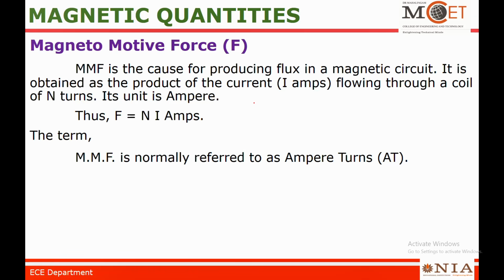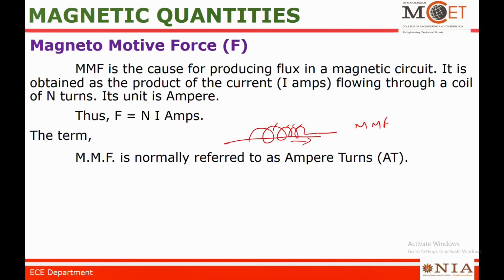The magnetomotive force is obtained by the product of the current flowing through a coil and the number of turns. For example, here the coil is connected to the circuit. The number of turns and the current flowing through the coil give the mmf.